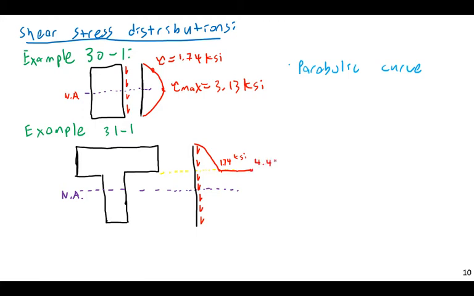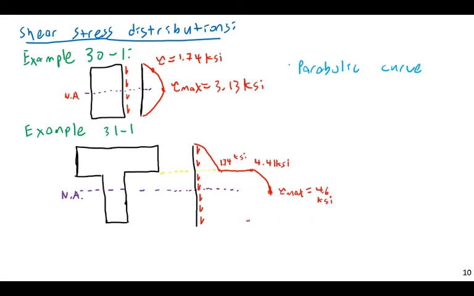And then we will continue to parabolically increase. This is not going to be to scale, but that's okay. And here the slope of the curve would be 0, just like we would expect for a local maximum. And here tau max is going to be 4.6 KSI.